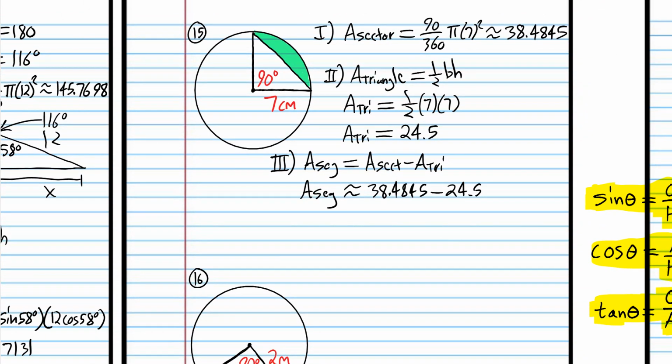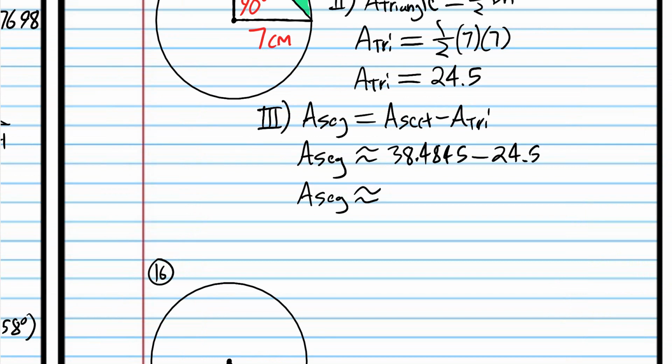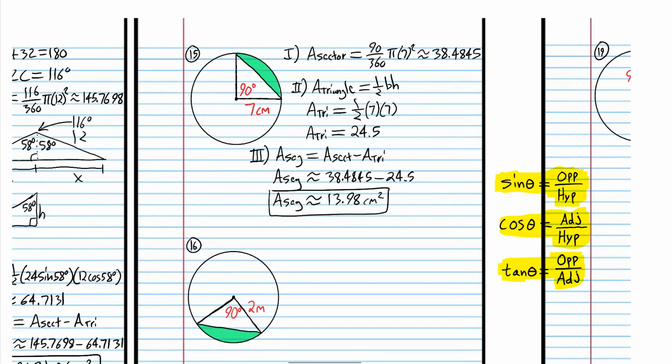So we can just take the 38.4845 minus 24.5 equals, and we get 13.98 square centimeters. So as you can see, that was much, much easier.